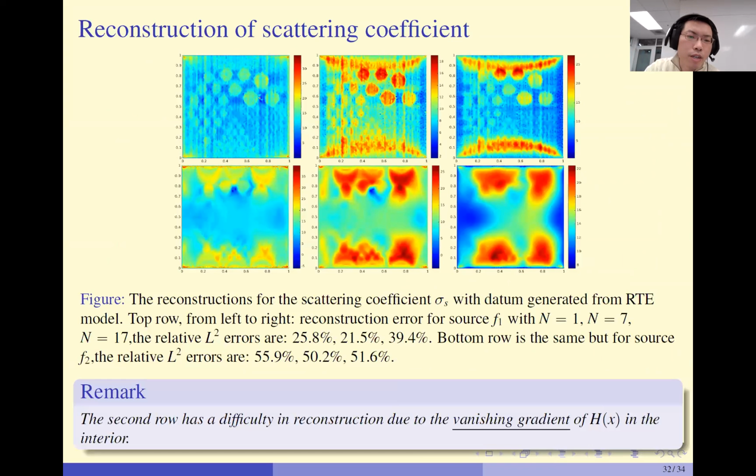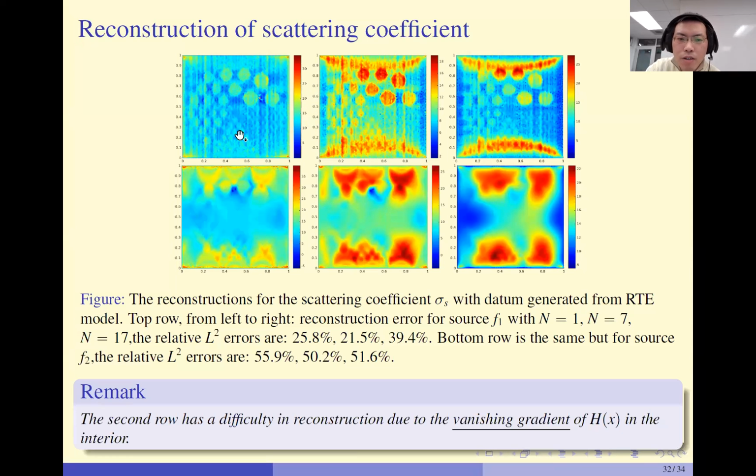So here are the results. The first row is for the first source function, and the second row is for the second source function. You can see there is a huge difference between these two source functions. In the first row, you can still see the reconstruction.